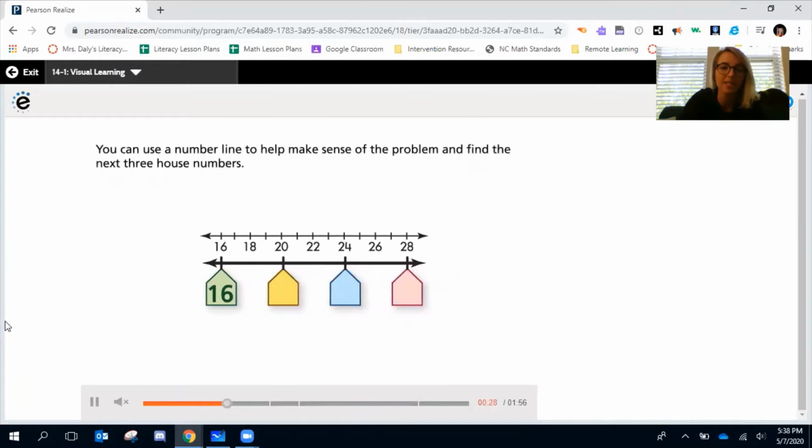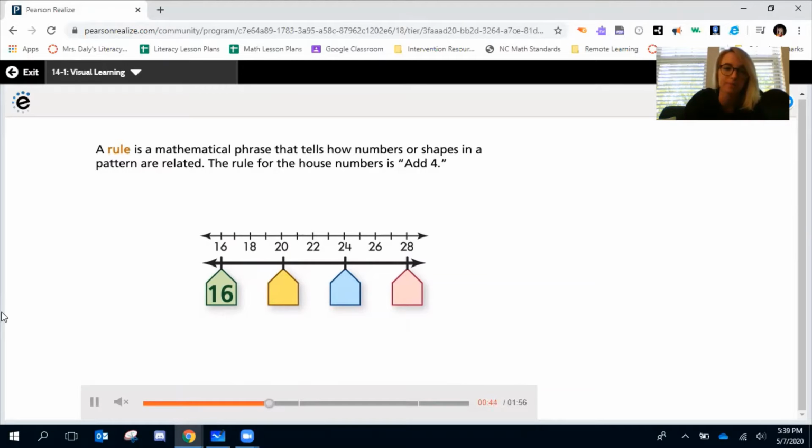You can use a number line to help make sense of the problem and find the next 3 house numbers. A rule is a mathematical phrase that tells how numbers or shapes in a pattern are related. The rule for the house numbers is add 4.